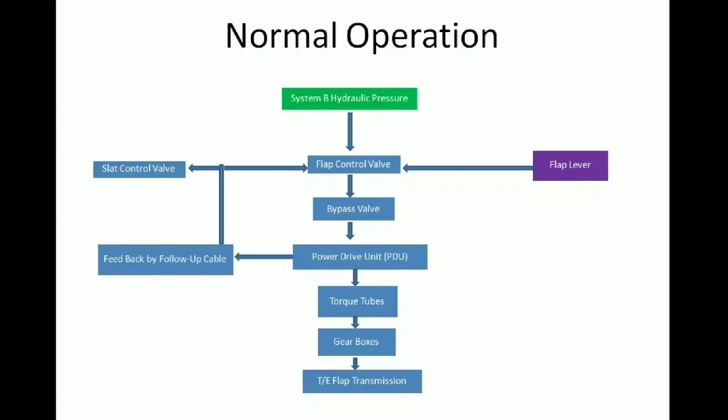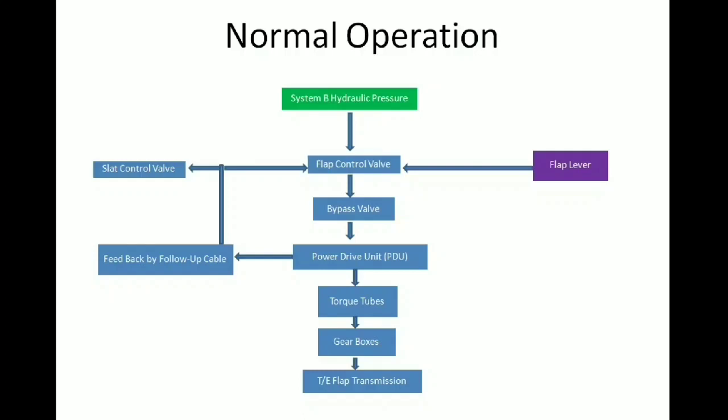For this, we should know a few components: flap control valve, bypass valve, power drive unit, torque tubes, gearboxes, transmissions, and the trailing edge flap itself. Now when we pressurize the hydraulic system B, the pressure reaches the flap control valve through the priority valve and the flow restrictor.